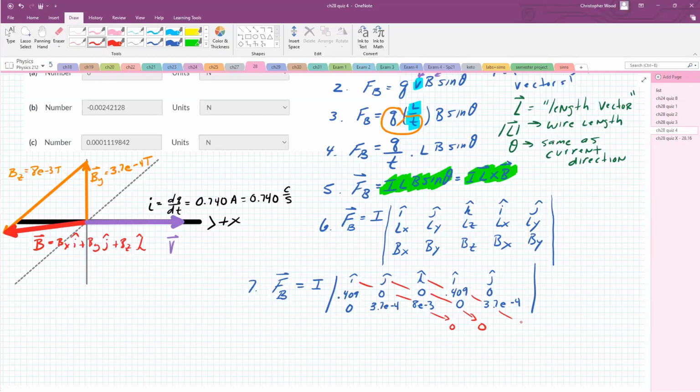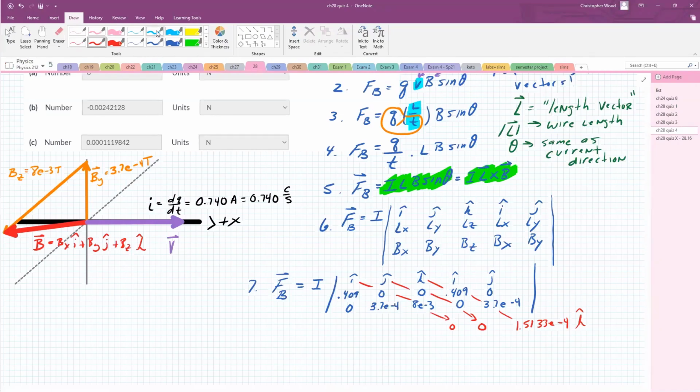Not super nasty. I get a number of 1.5133E minus 4 k hat. I'm going to double check that: 0.409 times 3.7E minus 4, 1.5133. Okay.